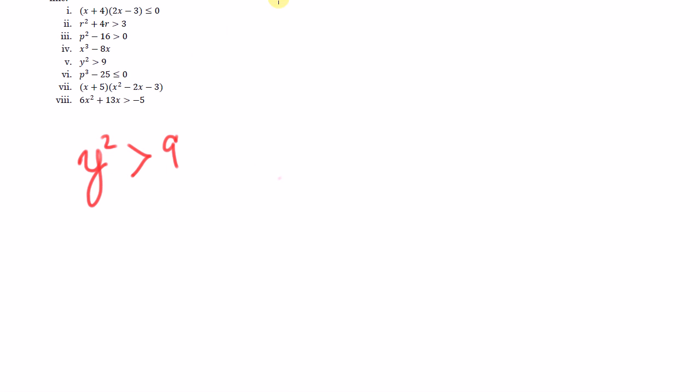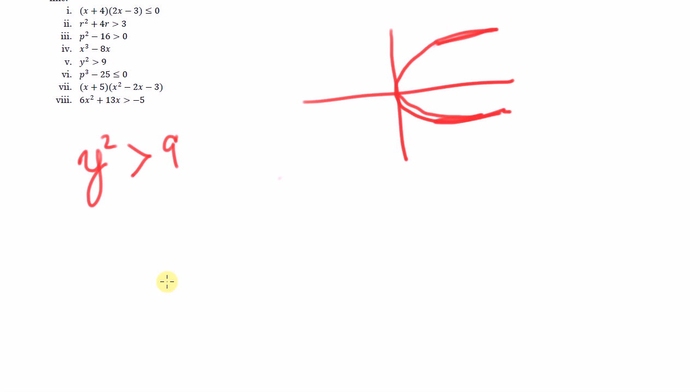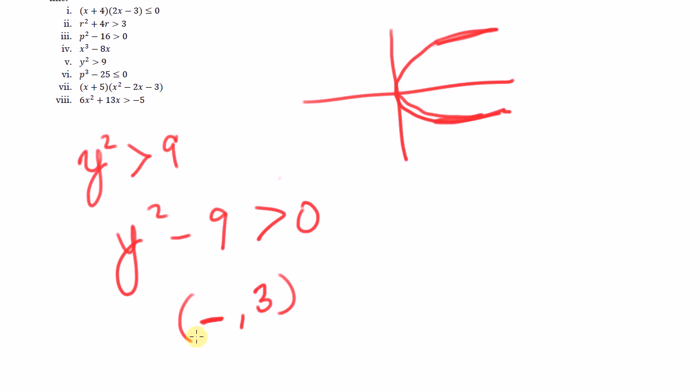If I remember correctly, y squared looks something like that, where if you take y squared minus 9, you set that greater than 0, well, what values are going to make this true? So watch what happens. If I say, okay, what is x when y is 3? I get 0, right?